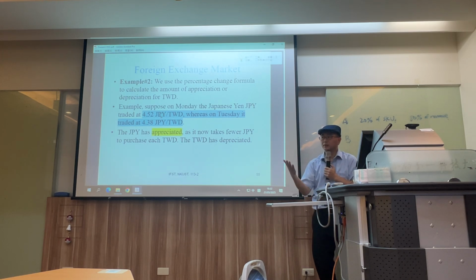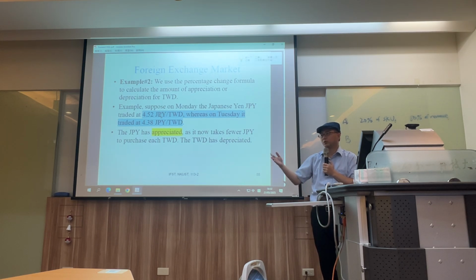And what's the logic? It was less yen per Taiwan dollar. So in other words, 1 unit of New Taiwan dollar can be exchanged for fewer units of Japanese yen.